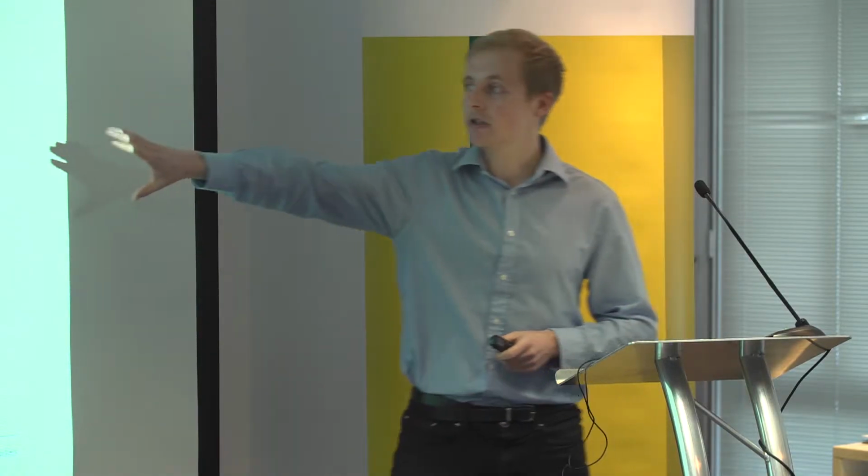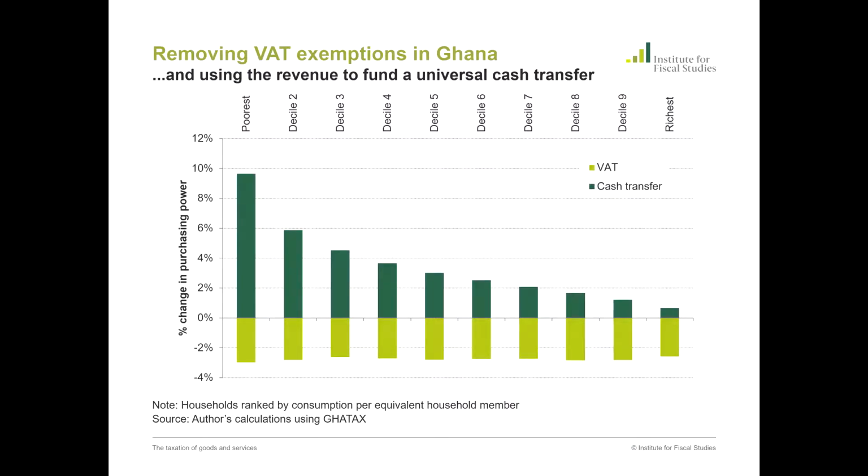So what we do in the next step is imagine that all this additional revenue they've raised from removing these VAT exemptions is then redistributed as a universal cash transfer to every member of the Ghanaian population, and plot the net effects of that twin policy scenario. And then what we see when we plot this is that the poorest households in Ghana are easily compensated by this universal cash transfer that is not targeted in any respect at all.